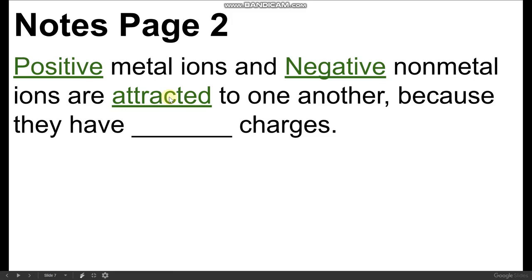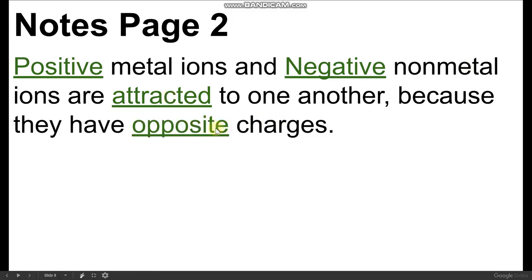The reason they're attracted is because they have opposite charges. Whenever you have two things with opposite charges, they're always going to be attracted to each other. It's kind of like two magnets, the north end of one magnet being attracted to the south end of another magnet. They're opposites, and those opposites attract.